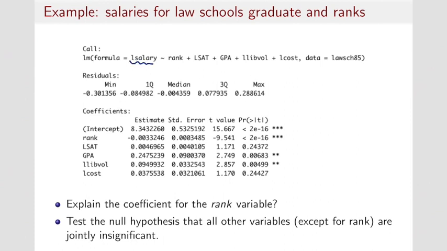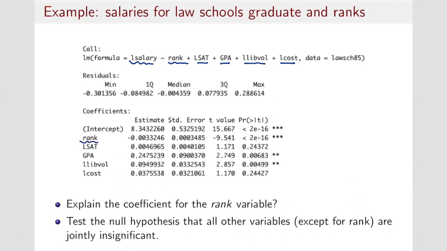For instance, here is a regression for the salaries of law school students and the ranks of the law school, controlling for the LSAT, GPA, the library volume, and the cost of the law school.